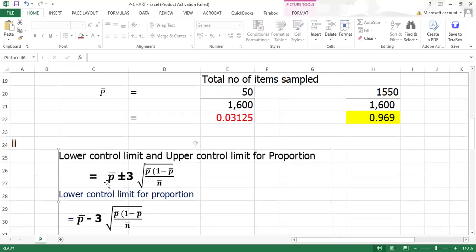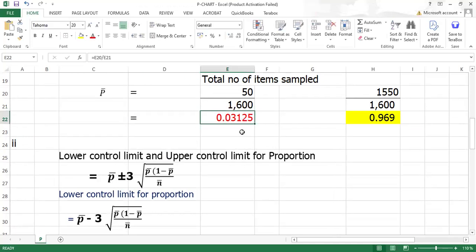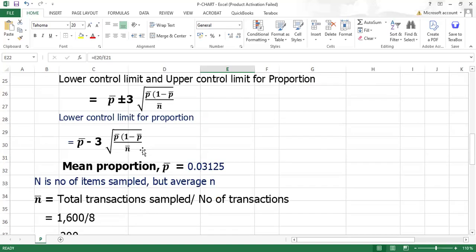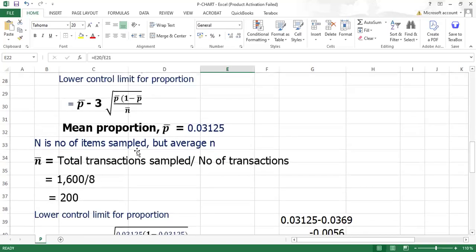Here P bar is the average proportion, the one you have above. Then you have N bar, which is like your average sample. You can call it the average items sampled.